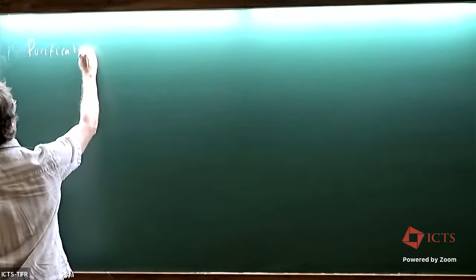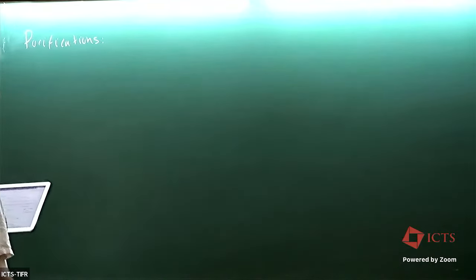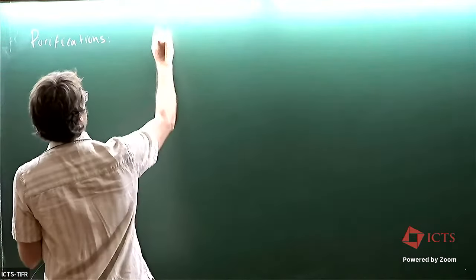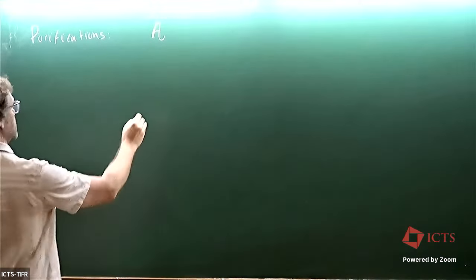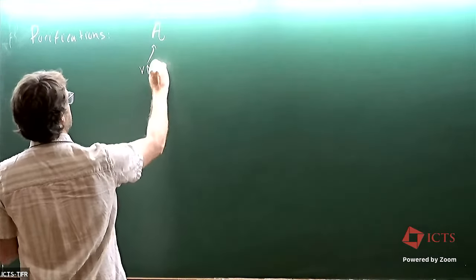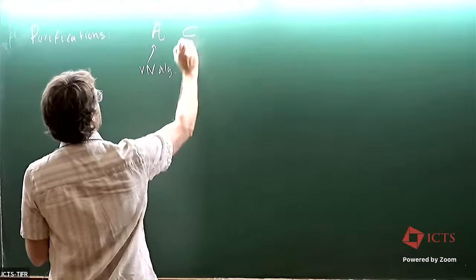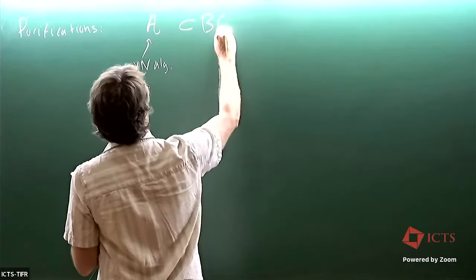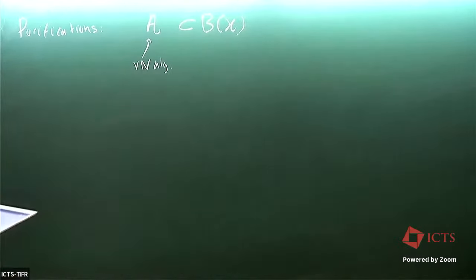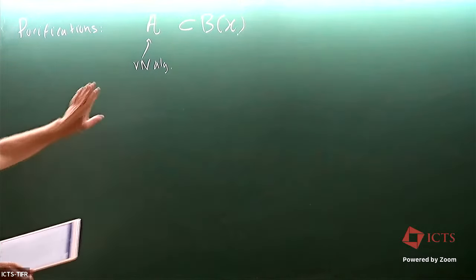What I mean by that, I remind you, we have some algebra we're going to think about. This is our von Neumann algebra, and it's always a sub-algebra of all possible operators on some Hilbert space. So it's acting on some specific Hilbert space.